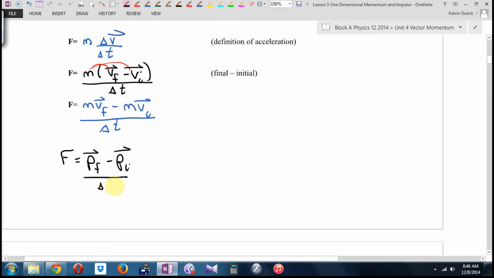And what's final minus initial the same as? Change in. In other words, I told you earlier that Newton never said F equals ma. What he actually said was force is equal to the change in momentum over the change in time, which is F equals ma in disguise if you work your way backwards enough.